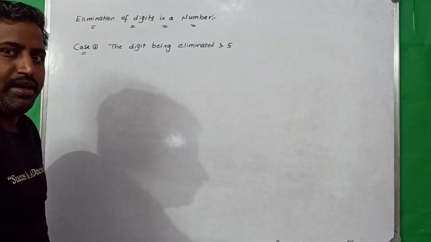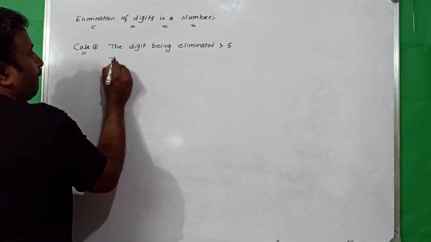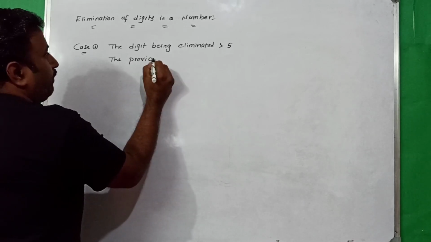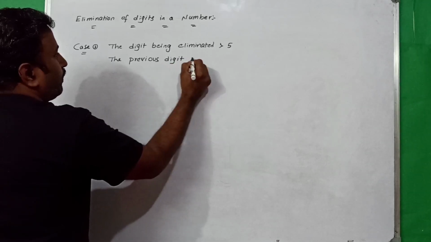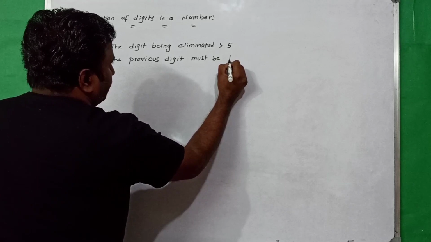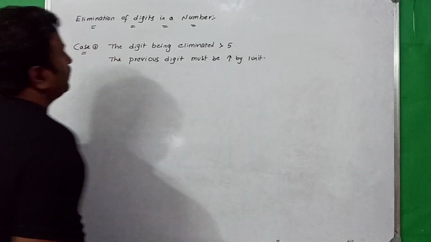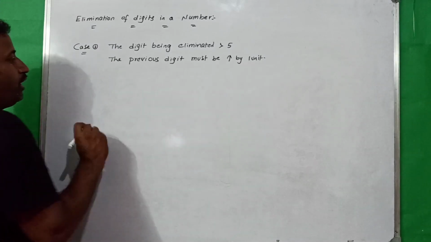The digit which we are eliminating is more than 5. The previous digit must be raised by 1 unit. The digit being eliminated is greater than 5. The previous digit must be raised by 1 unit.